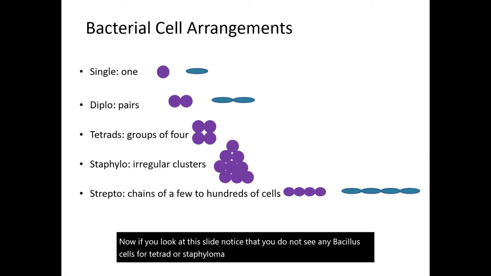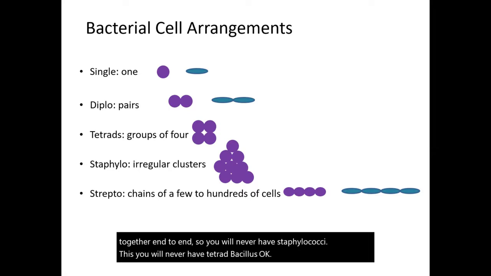And that's because bacillus cells cannot divide along their long end. Okay, that means they cannot divide and stack on top of each other. Bacillus cells can only kind of link together end to end. So you will never have staphylobacillus, you will never have tetrabacillus.